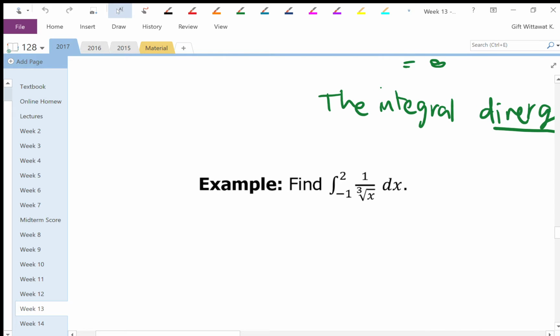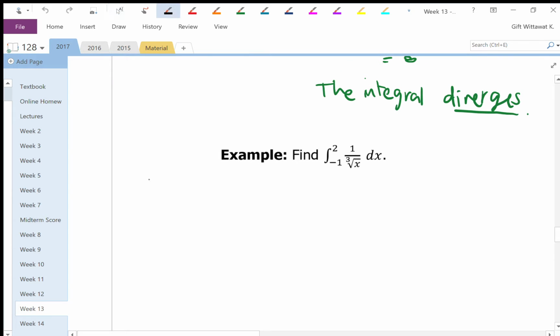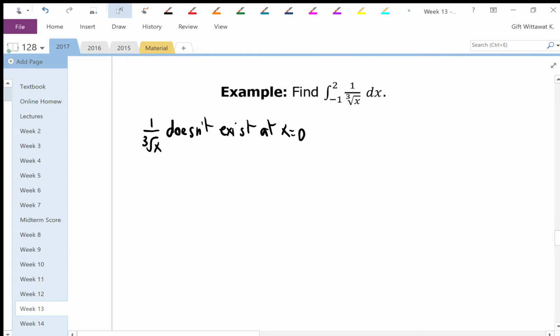If you notice, 1 over the third root of x doesn't exist at x equals 0. If you look at the graph for this function, it looks something like this.